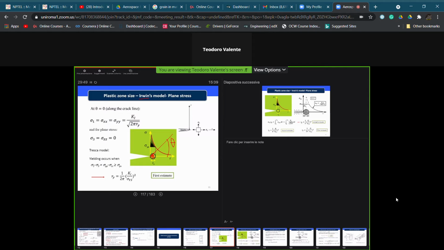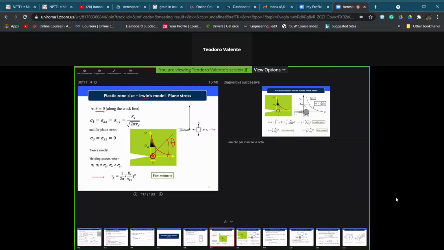And so we are going to think that obviously the maximum stresses, and the yielding stress, is reached where the stresses are higher. And for our consideration, for these reasons, we put theta equal to 0, that is, along the crack line.